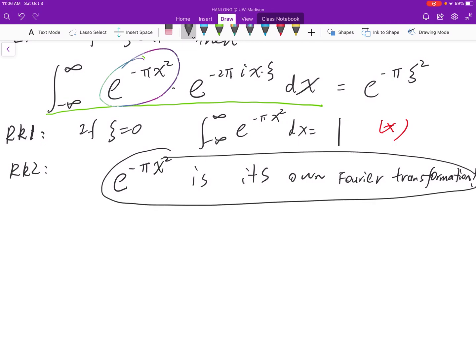This is a very, very important property. Later on when we define the Fourier transformation for L2 functions, we will see a lot of analytical difficulty comes from how to show the convergence of the Fourier integral, because it's an integration from negative infinity to infinity.